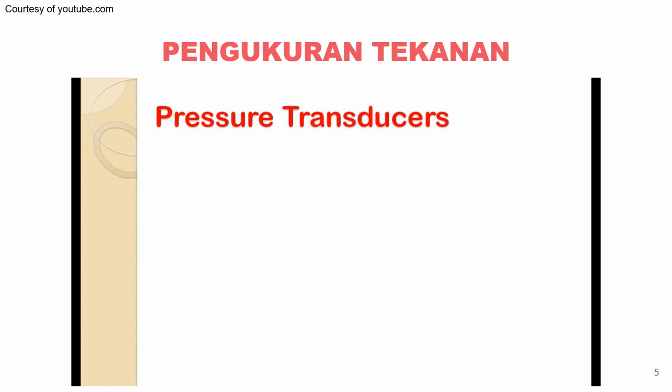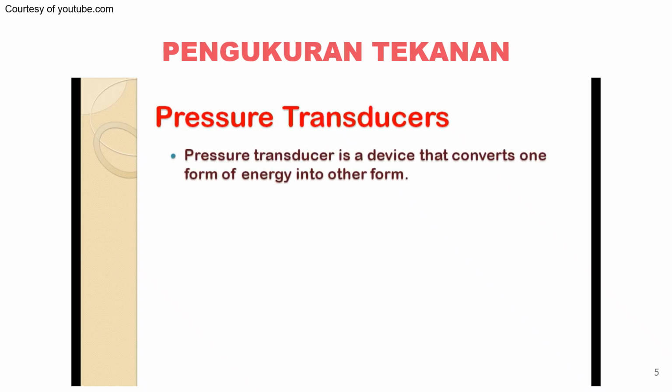Pressure transducer. It is a device that converts one form of energy into another form. So we can use this device for pressure measurement. Since it converts one form of energy into another, we can use it to convert pressure energy into mechanical or electrical signals, and these signals can be measured. Depending upon the output signal, these transducers are divided into two types.